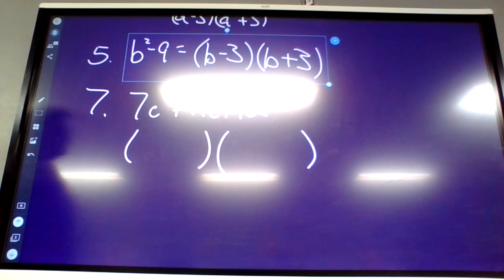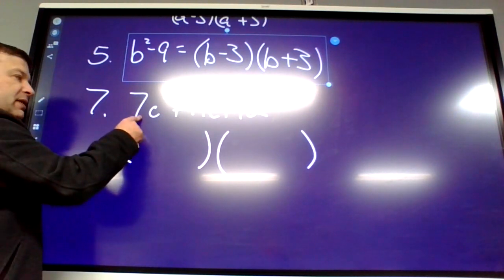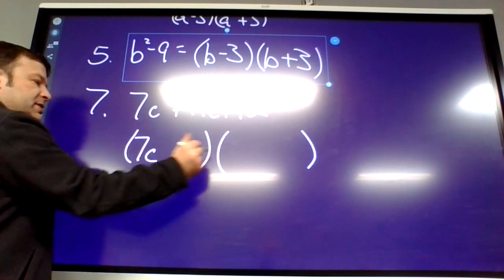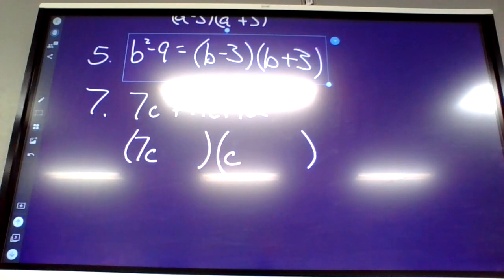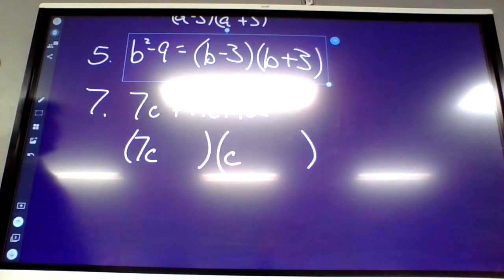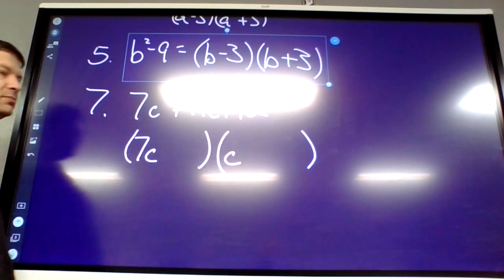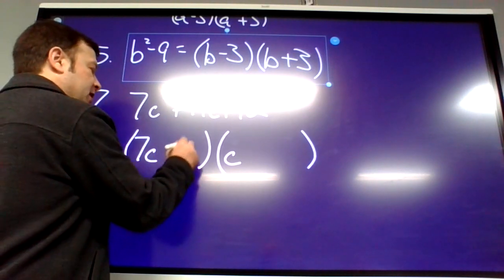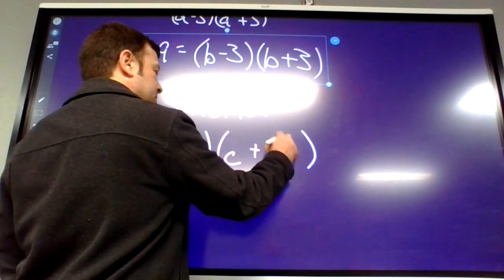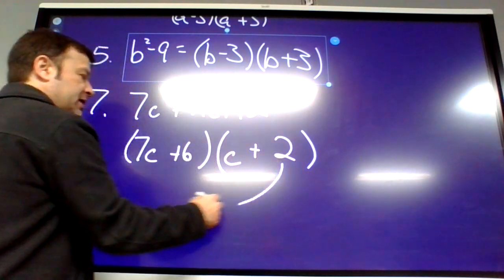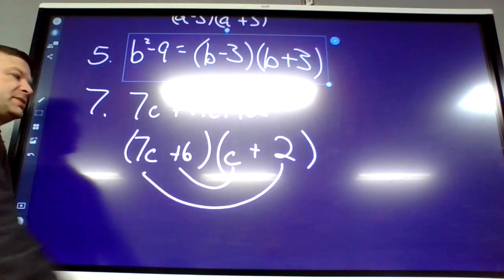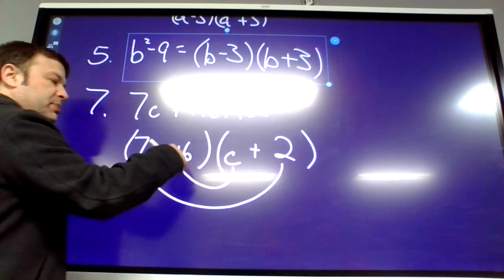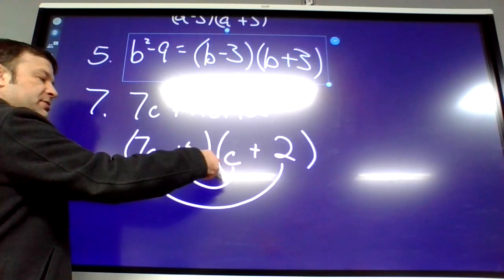Okay, on this one, it's 3-term factoring. What goes into 7c squared? 7c and 1c. For the back, what multiplies into 12? 6 and 2, or 3 and 4. If you try 6 and 2, the way you check it is you FOIL the outside and the inside and see if that gives you the middle term. This would be 14c plus 6c is 20c, so that doesn't work.